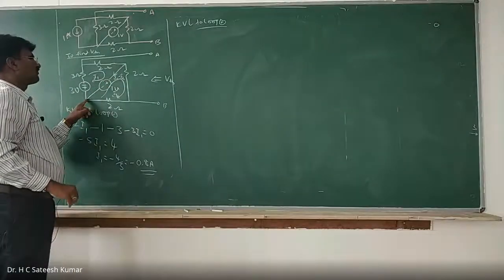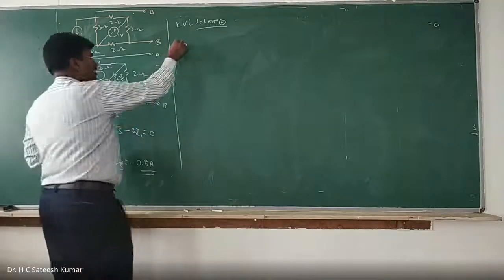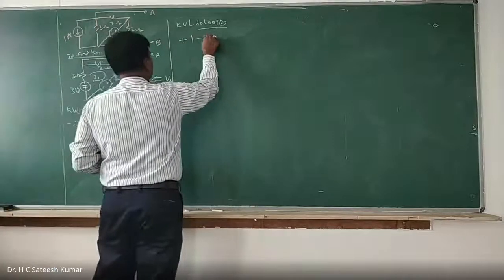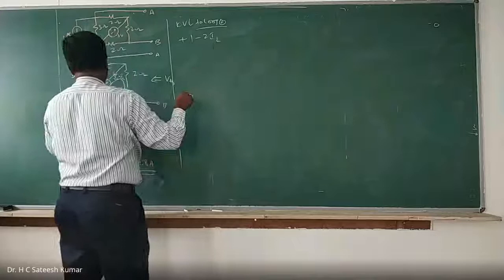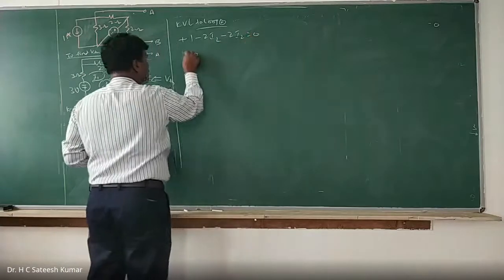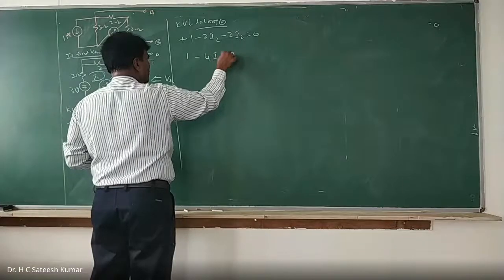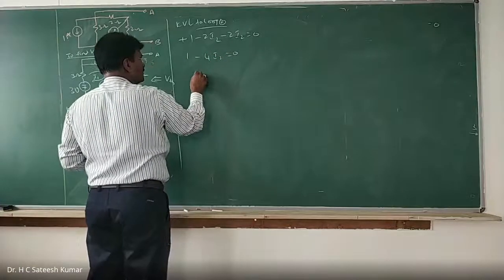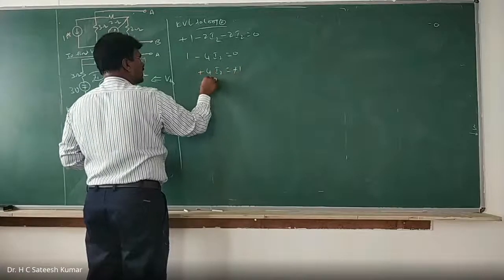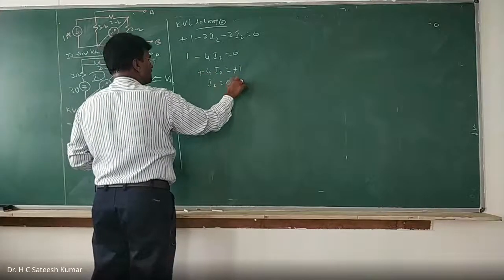If you start from this one, minus to plus, plus 1, and minus 2I2, and minus 2I2 is equal to 0. 1 minus 4I2 is equal to 0. So minus 4I2 is equal to minus 1. Therefore, I2 is equal to 0.25 amps.